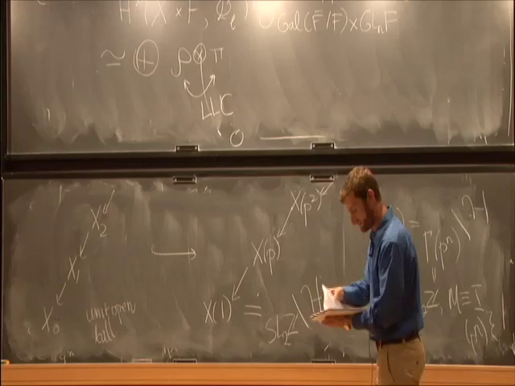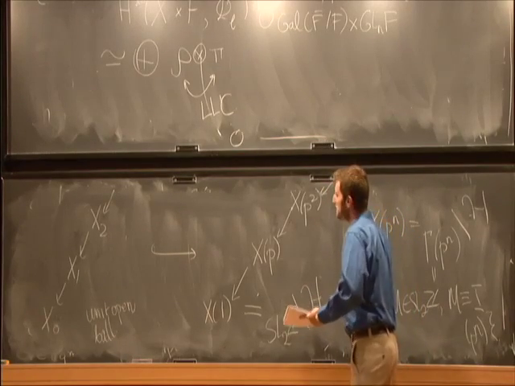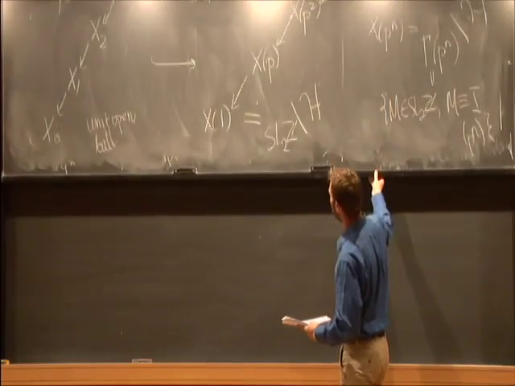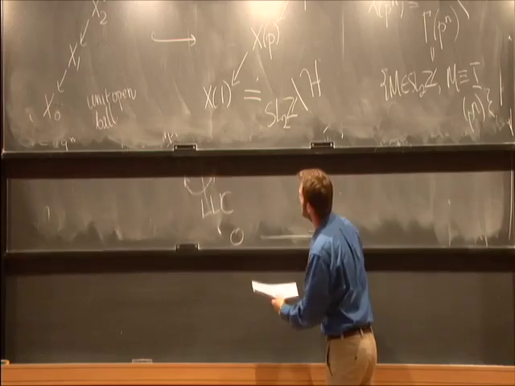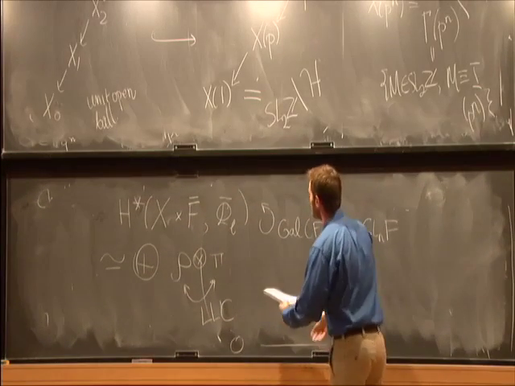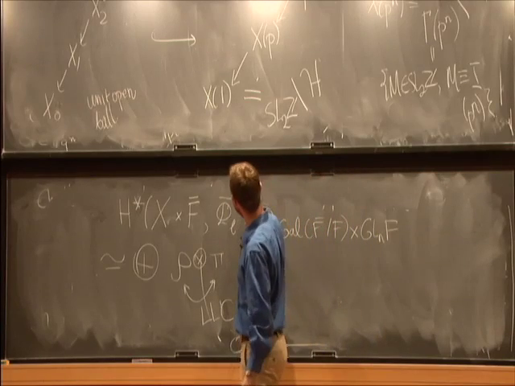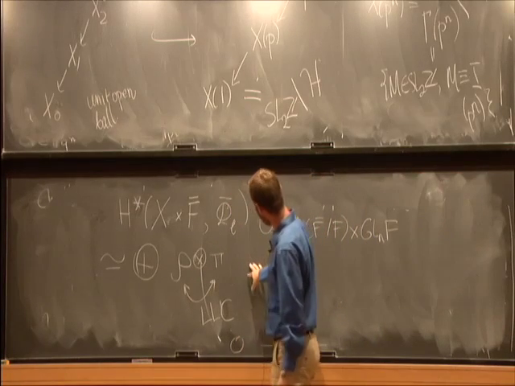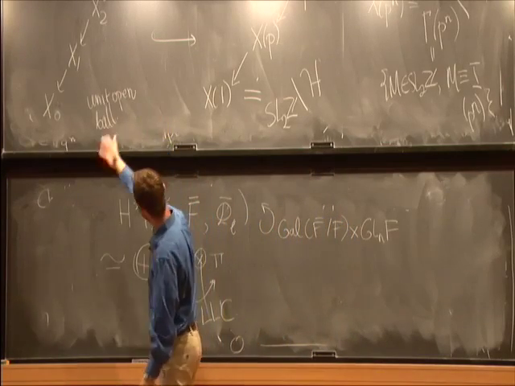So this is the local Langlands correspondence. The fact that the cohomology decomposes in this way is just a statement about these local X's over here.